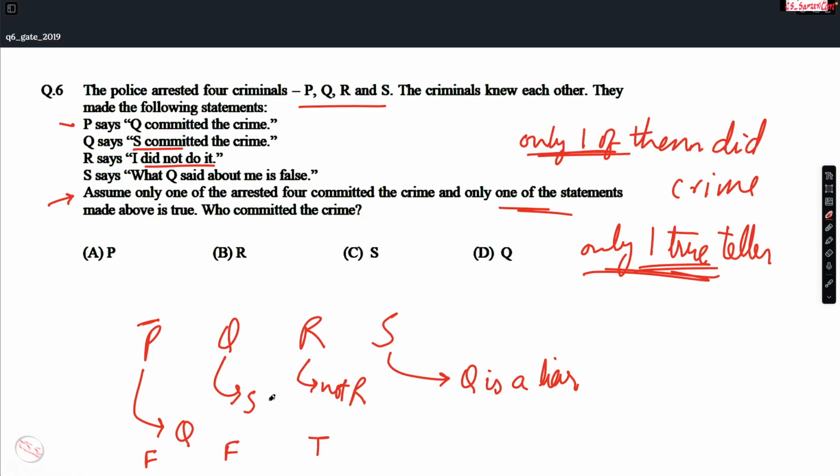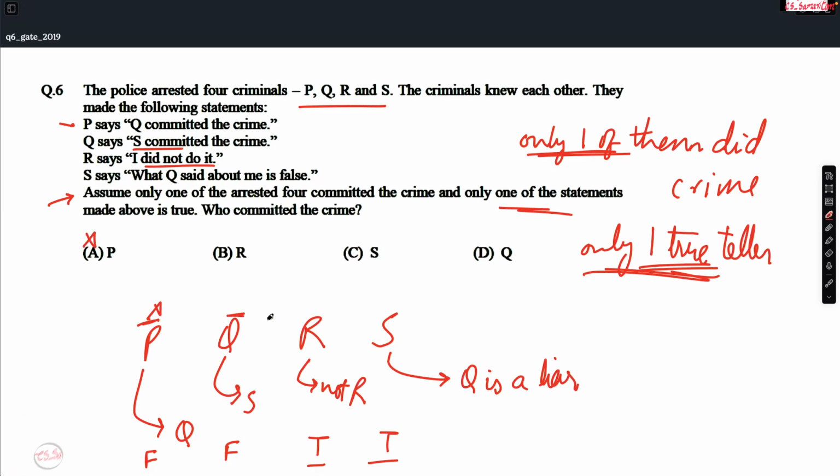Q is saying that S is the criminal and currently P is the criminal. So yes, Q is indeed a liar. So this thing is also true. As you can see, 2 of the criminals are telling the truth over here, and the assumption that has been given to us is that only a single criminal could be telling the truth at a point. So P cannot be your answer.